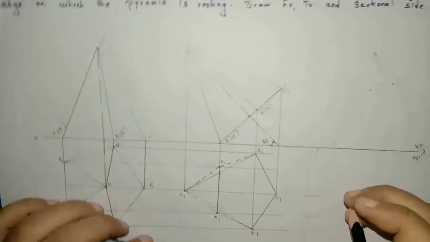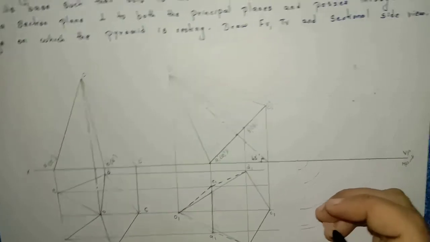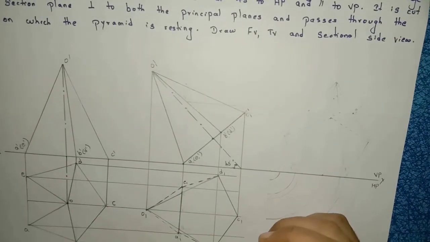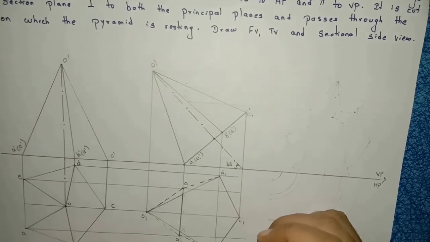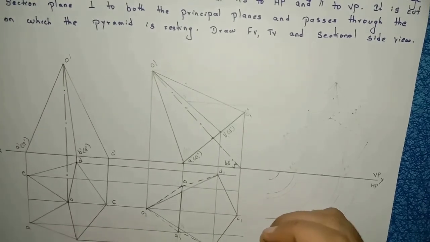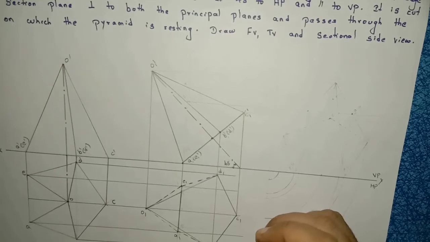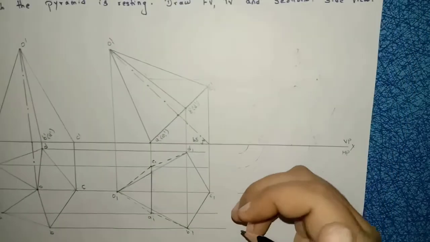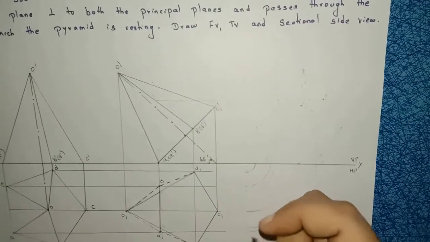Right, now you should construct the sectional plane. The sectional plane is perpendicular to both HP and VP. Whenever the sectional plane is perpendicular to both HP and VP, we have to construct the side view also, right? So first we will construct the sectional plane.